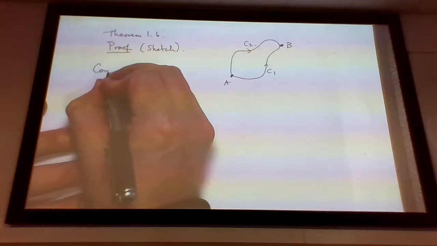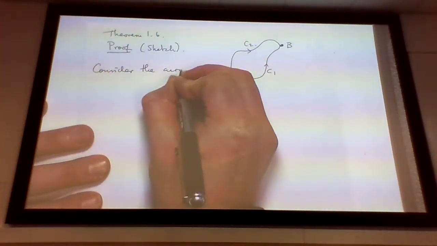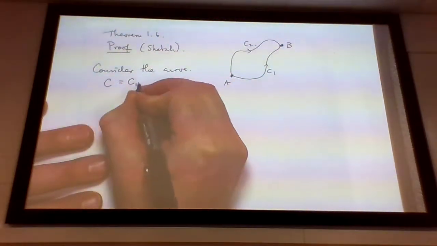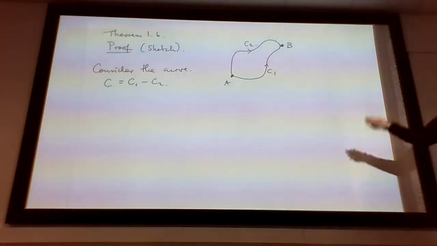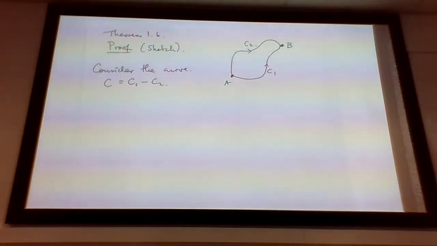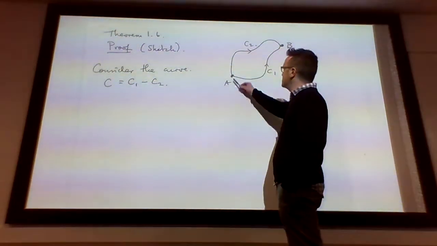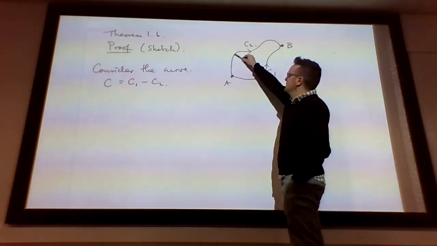But consider the curve C, which is equal to C1 minus C2. Remember, minus a curve means traverse the curve in the opposite direction to whatever original direction it has. So the curve C1 minus C2 means go along C1 and then traverse C2 in the opposite direction.